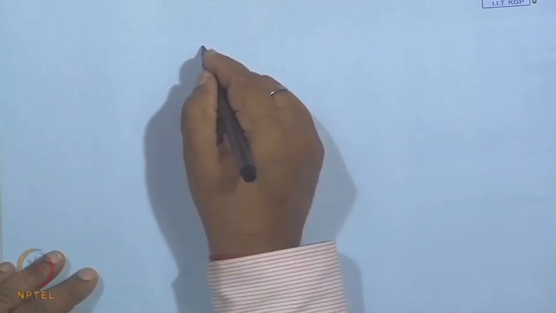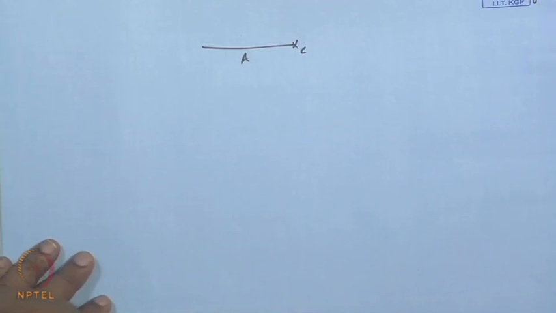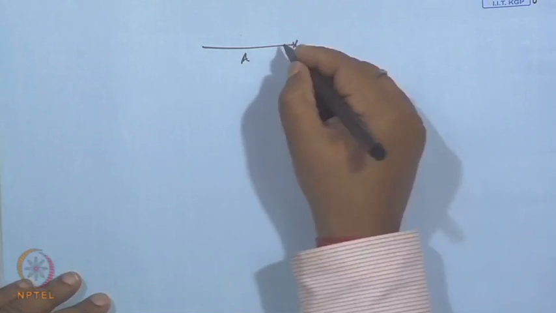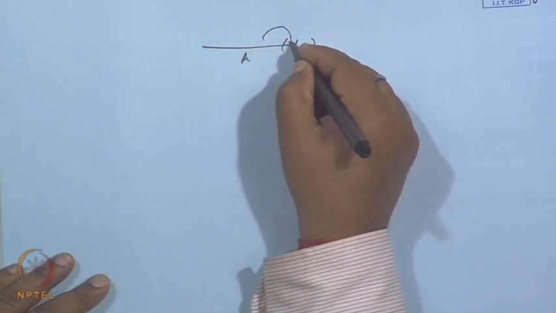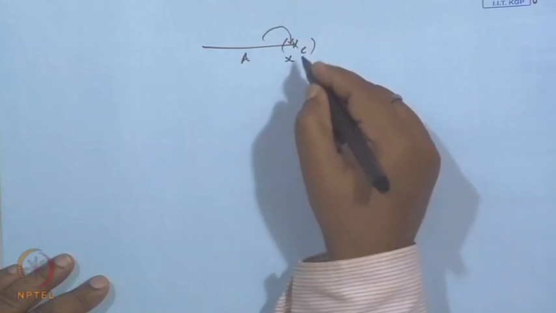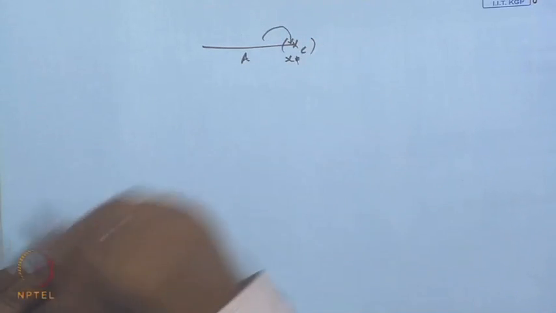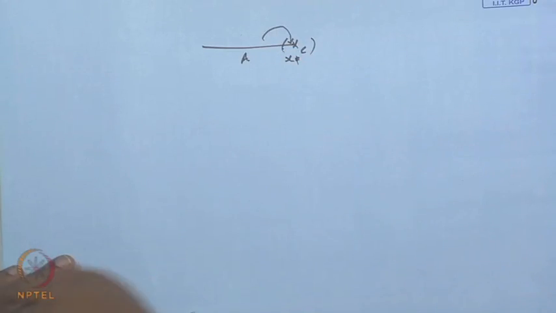So basically, suppose this is our set A, and C will be somewhere here. This will be the cluster point. If we pick a neighborhood around C, then there must be some point x of A different from C available, however small a radius you choose.